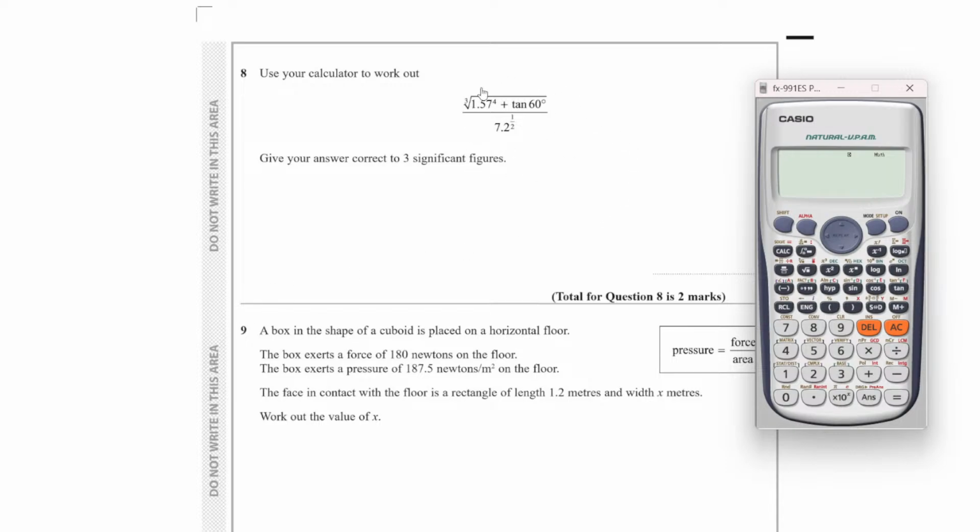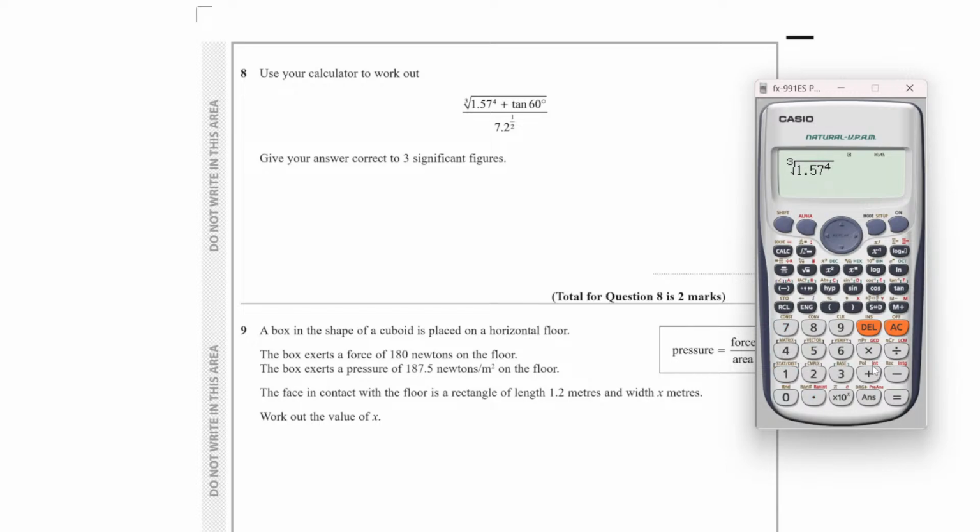Now, I would have just typed this all in and then put the answer straight away. That's what I would have naturally done.